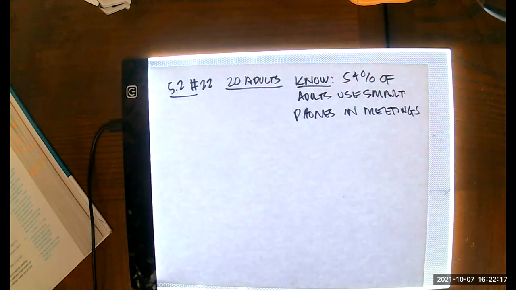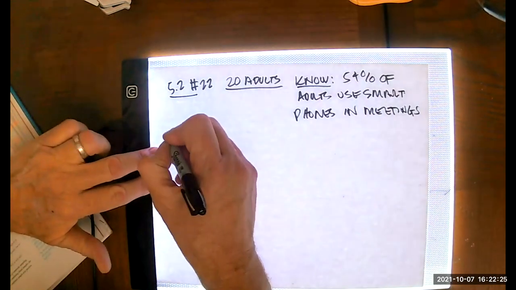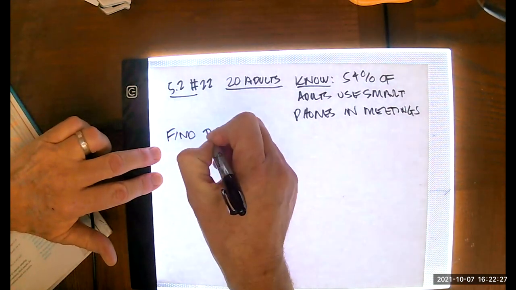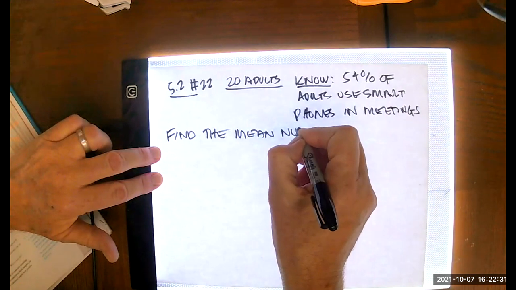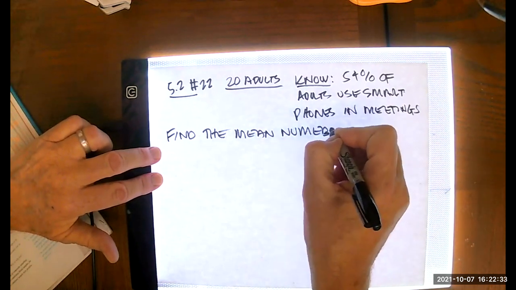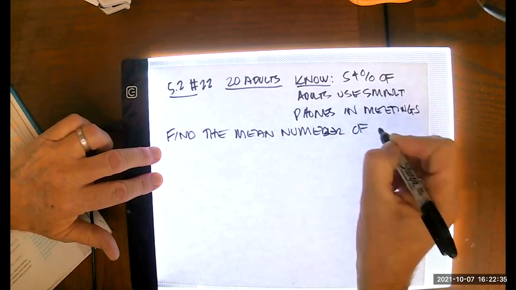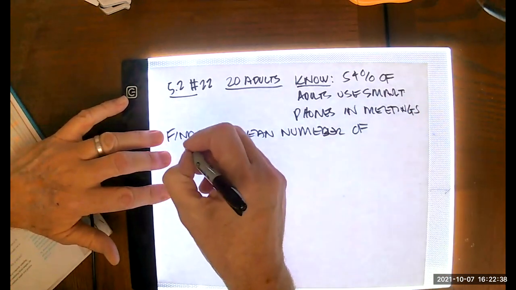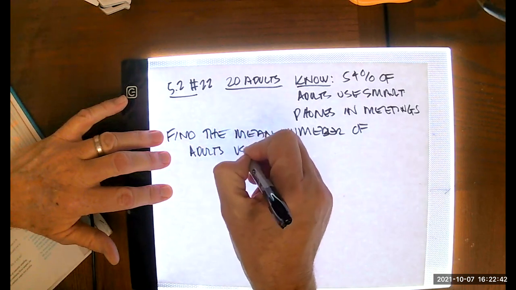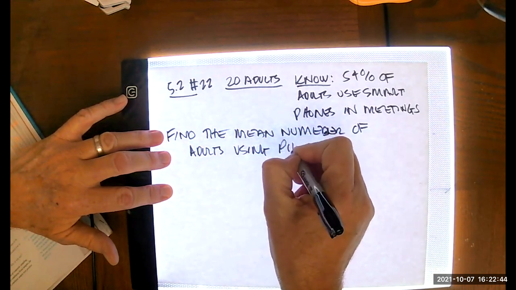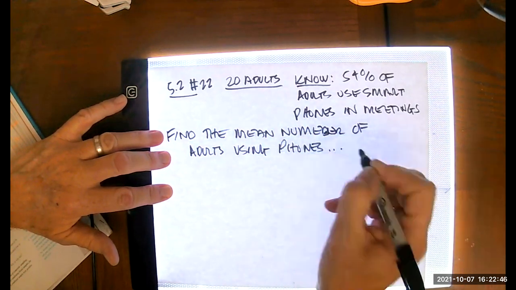So we've selected 20 adults, and we know that about 54% of all adults use their smartphones in meetings. So I want to go ahead and find the mean number using those phones in those meetings.